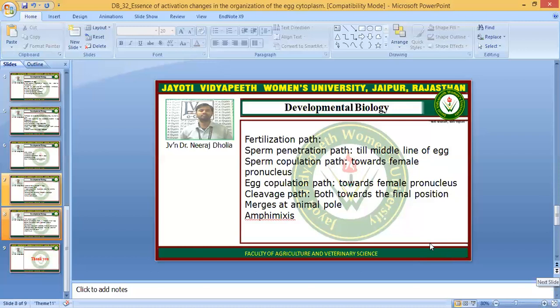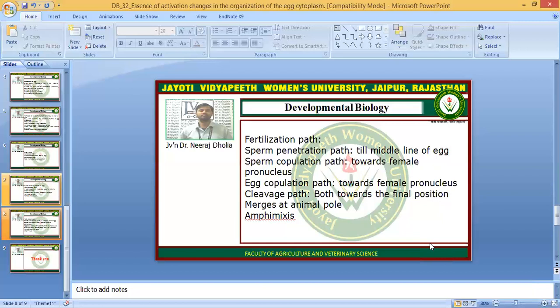The various paths which they traverse are divided into four types. One is the sperm penetration path. In this path, the male pronucleus traverses till the middle line of the egg.